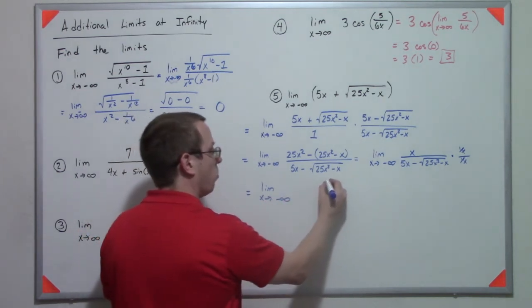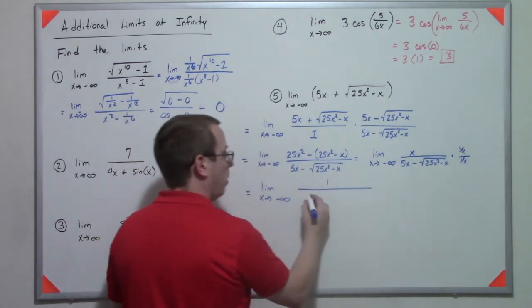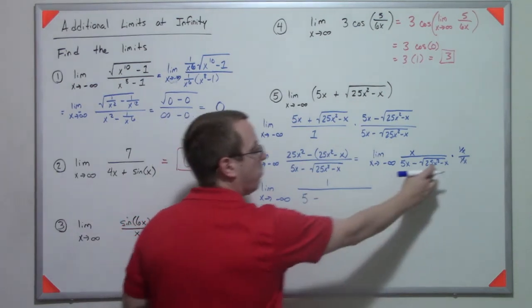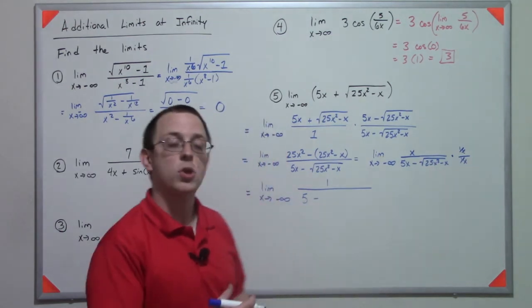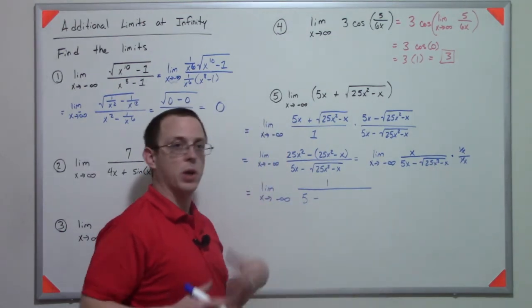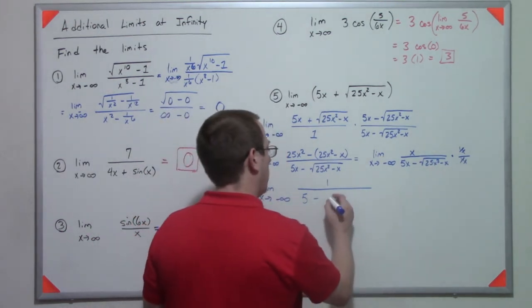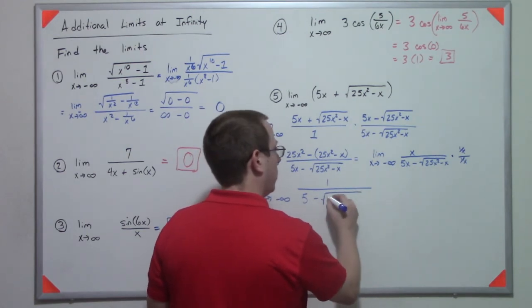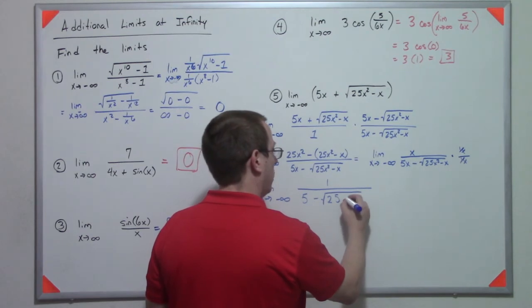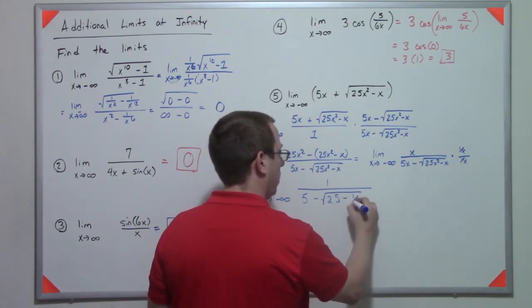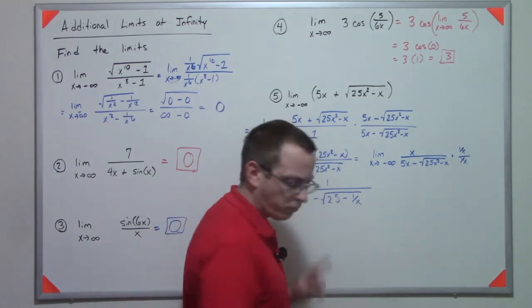So that gets us 1 over 5 minus, now if we multiply 1 over x in here, it translates through as 1 over x squared, because of the way the square root works. So then we have 25 minus 1 over x.